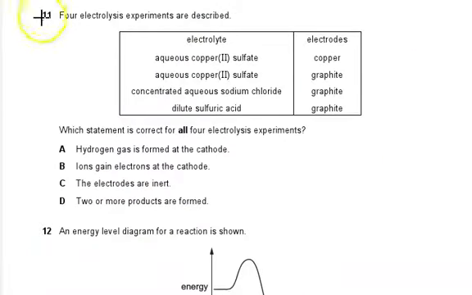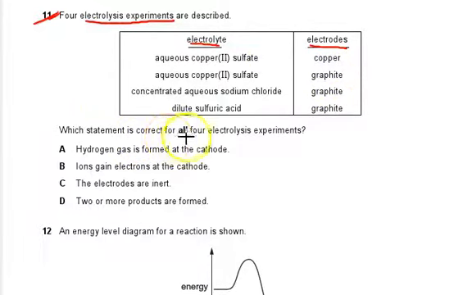Okay, for number 11, 4 electrolysis experiments are described. This is the electrolyte and these are the electrodes. Aqueous copper sulfate with copper electrodes. Aqueous copper sulfate with graphite electrodes.